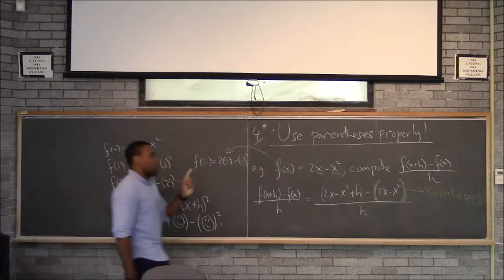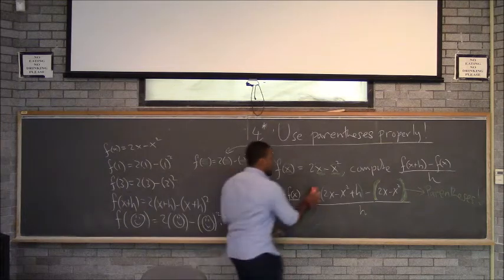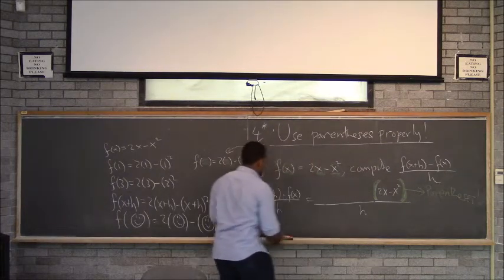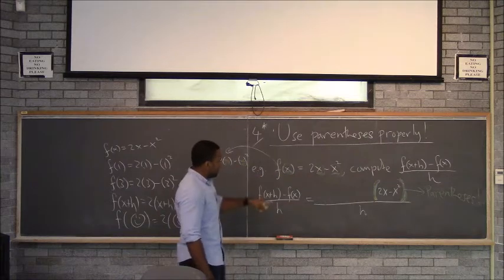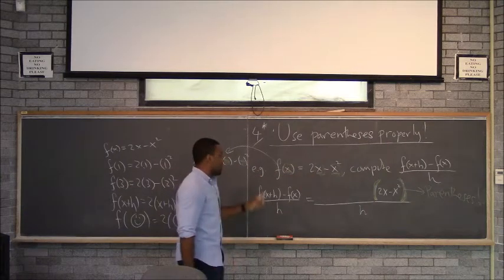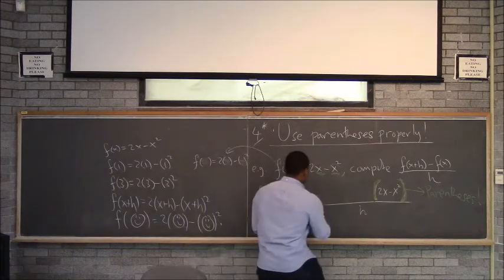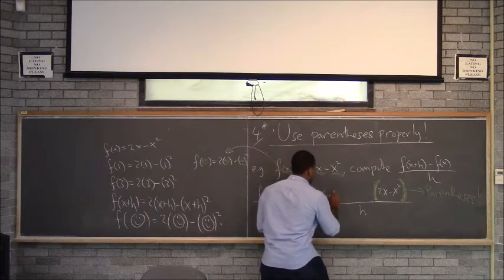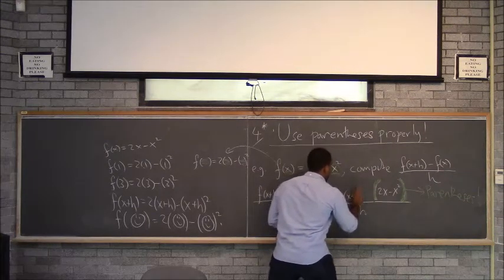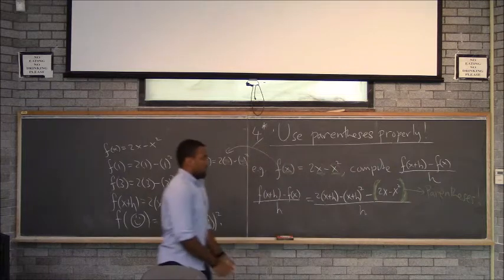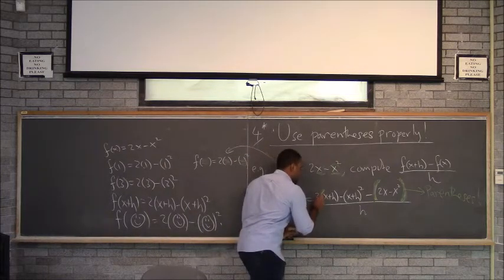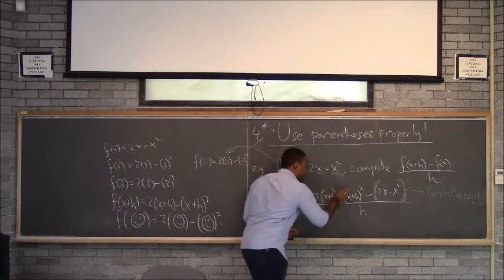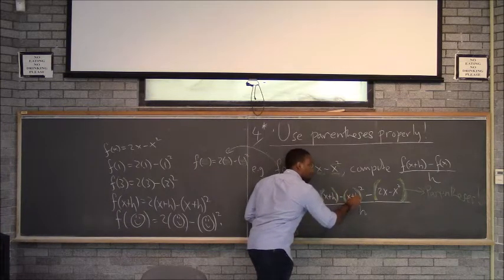So, we need to know, first of all, what does it mean to take f of x plus h? It means everywhere I saw an x the first time, I'm going to put parentheses x plus h. So it's going to be 2 times x plus h, minus x plus h squared, where there should be parentheses here.